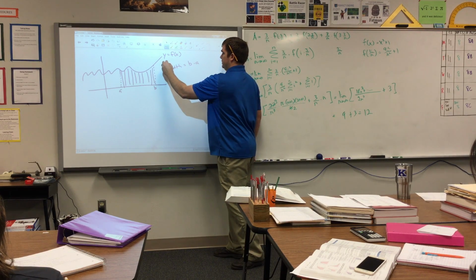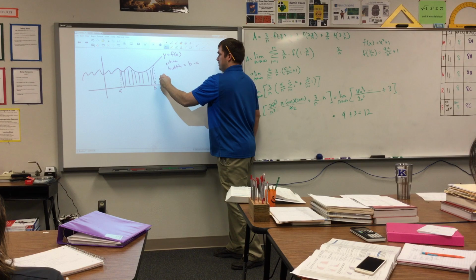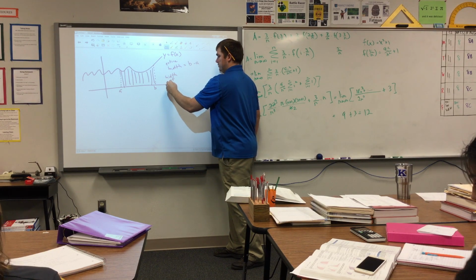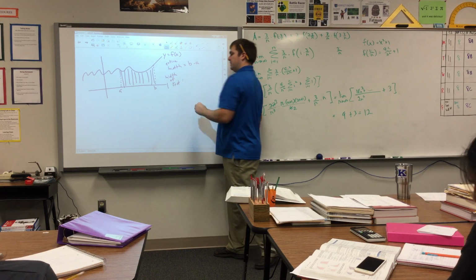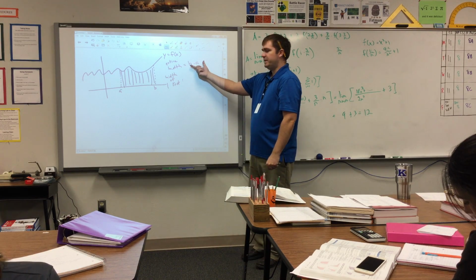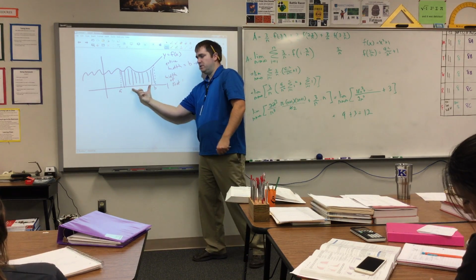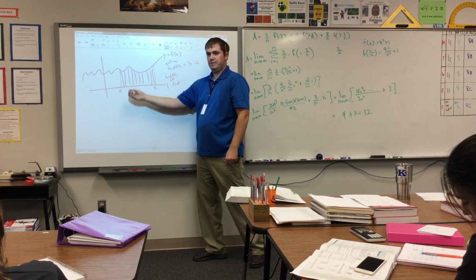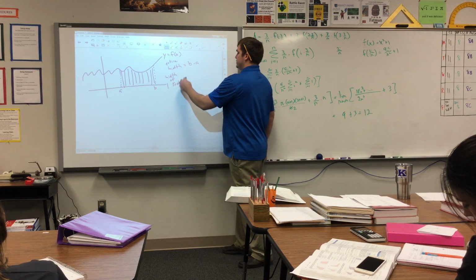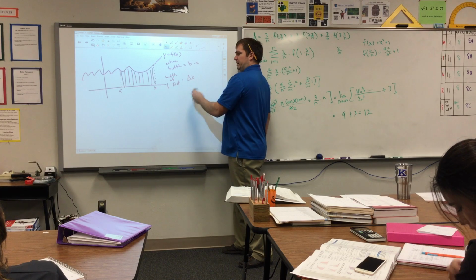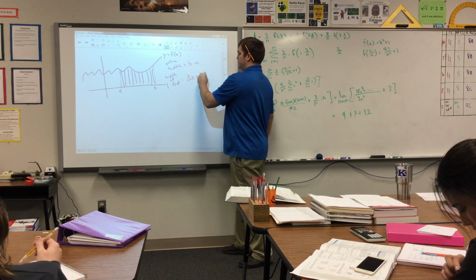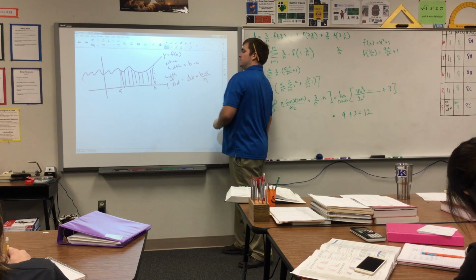That's the entire width. The width of one rectangle is going to be that entire region divided by the number of rectangles, exactly. So we normally say that's delta x, which is equal to b minus a over n.